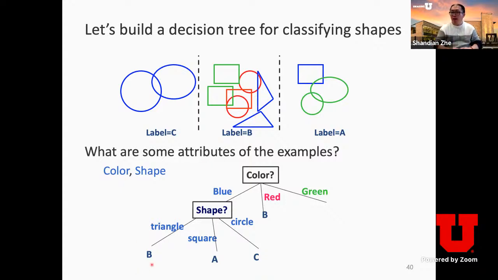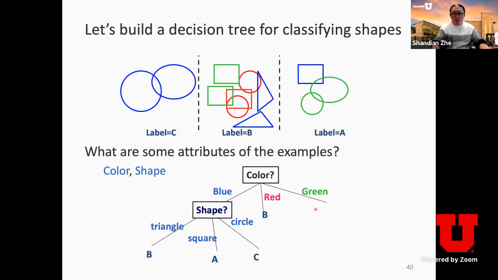We end up with a leaf node, and we set the label of this leaf node to be B. For blue square, we only have one blue square, which is labeled as A. That means we can stop and end up with a leaf node with label A. And for blue circle, they are uniformly labeled C, so we stop growing and we end up with a leaf node with label C.